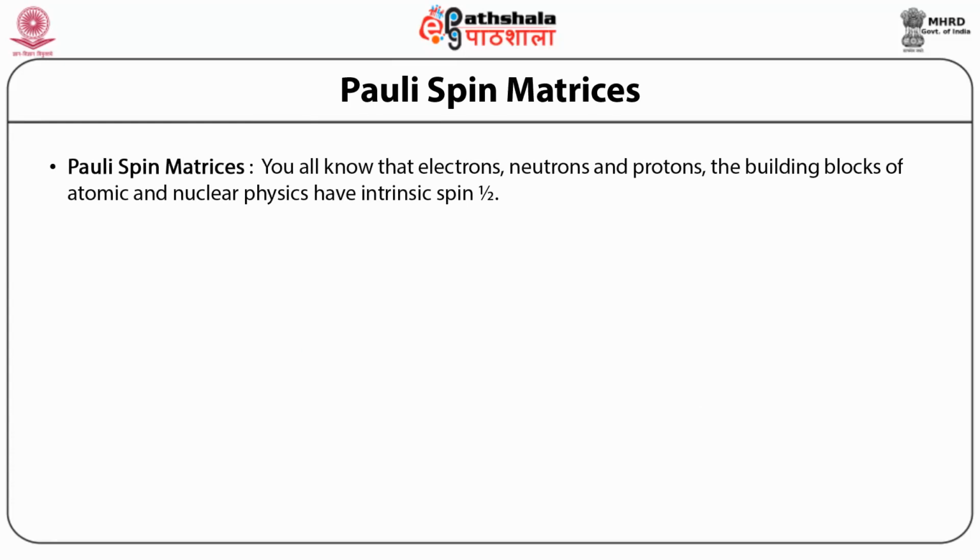You all know that electrons, neutrons and protons, which are the building blocks of atomic and nuclear physics, have intrinsic spin half. The non-relativistic theory of spin half particles was first developed by W. Pauli in 1927.